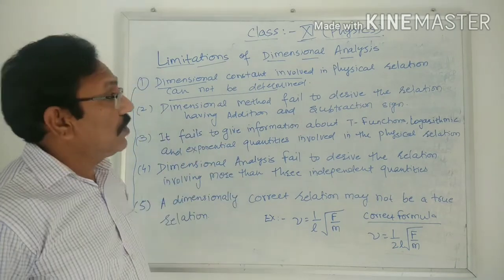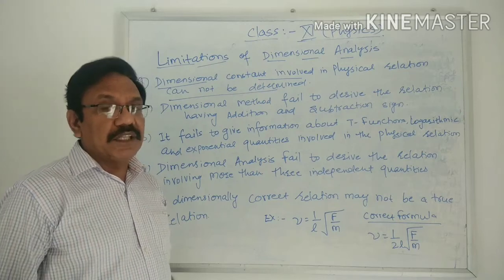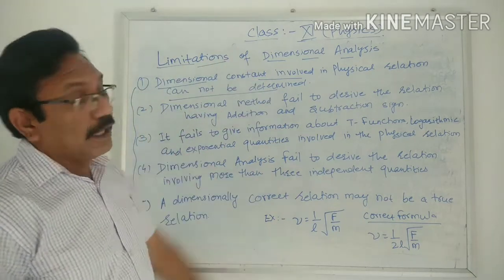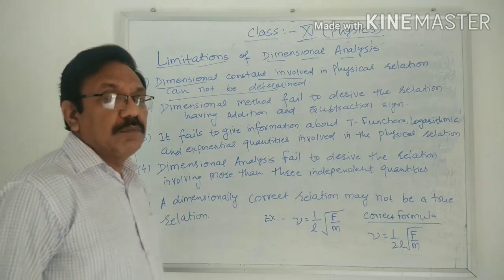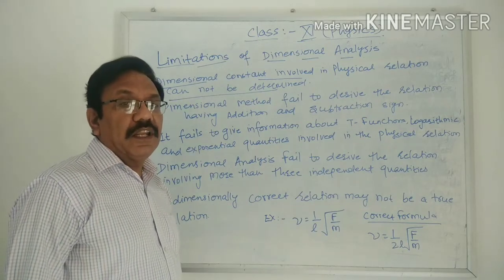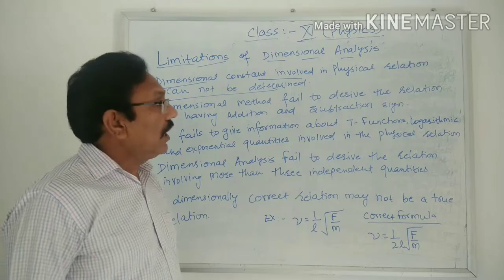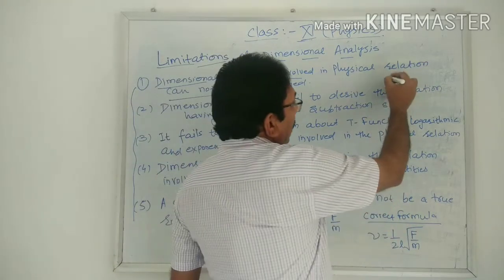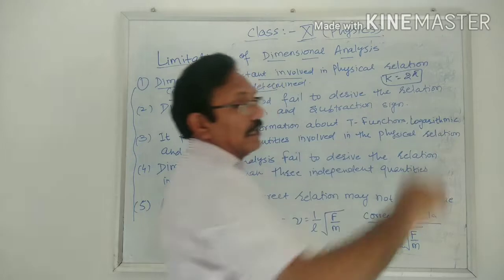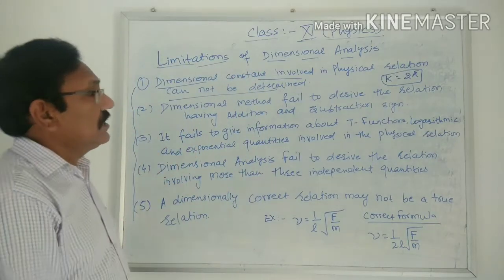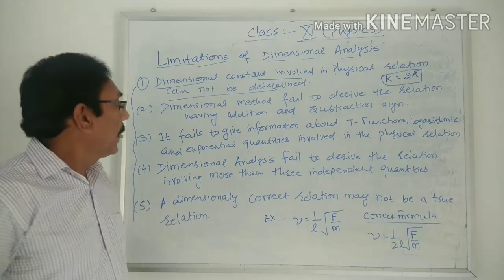That dimensionless quantity cannot be determined by dimensional analysis. Like the time period of a simple pendulum, T equals 2 pi root L by G. We are unable to find K's value 2 pi by this relation. So this is the first limitation of dimensional analysis.